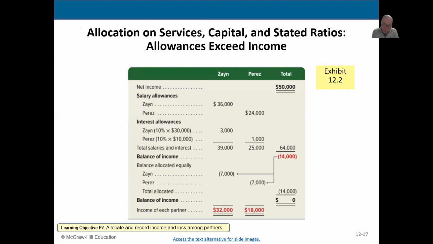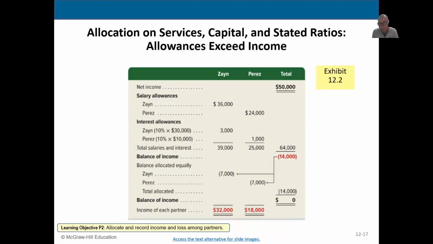So Kayla still gets her 36, Hector still gets his 24. They still get the same interest, 10% on the original balances: 3 to Kayla, 1 to Hector. So 39, 25, still the same, right? 64. So we can see, wait a second, that's higher than net income.